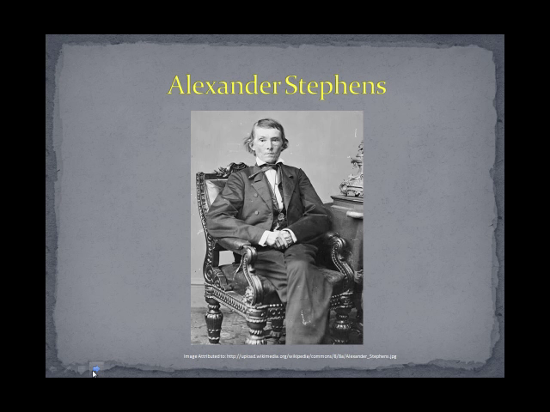He felt that the election of Lincoln was not reason enough to justify a state to leave the Union and abandon the Constitution. Even though Stephens put up a good fight, Georgia seceded from the Union on January 21, 1861. Ironically, Alexander Stephens became vice president of the Confederacy, which is the southern states.